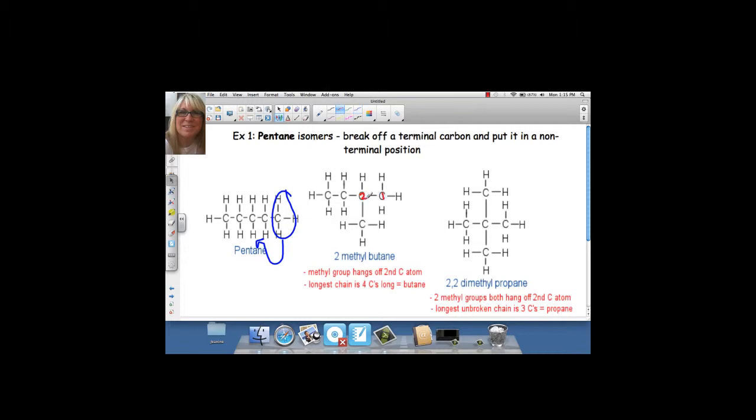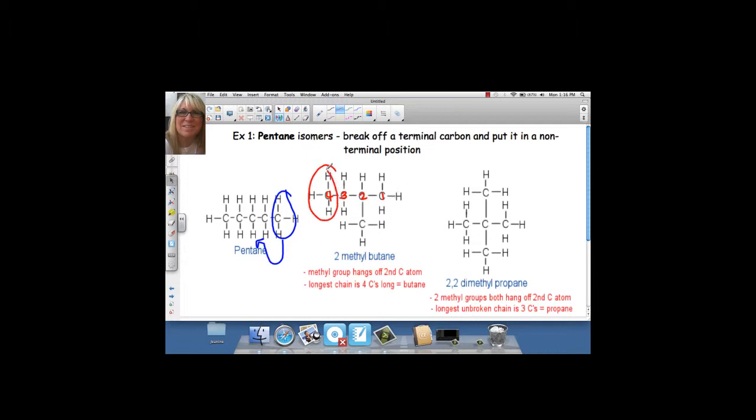So I'm going to number from right to left so that the methyl group gets the number 2. If I number from left to right, then the methyl group would have the number 3. So this is 2-methyl. It gives me the location of the group, and I've got a 4-long parent chain, which is butane.